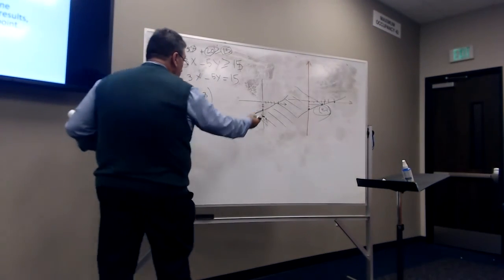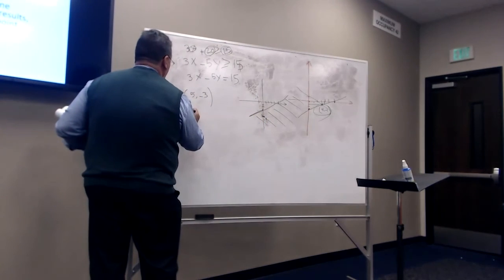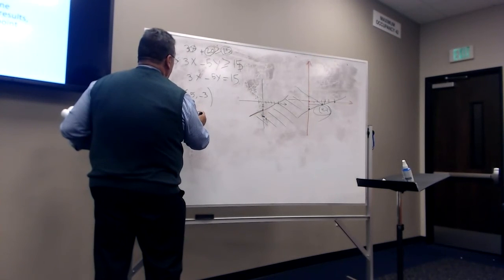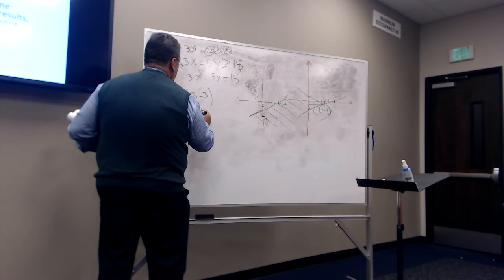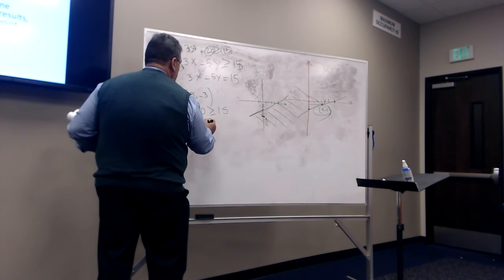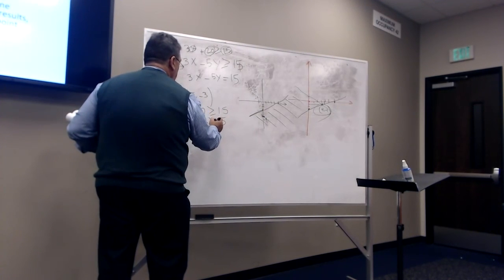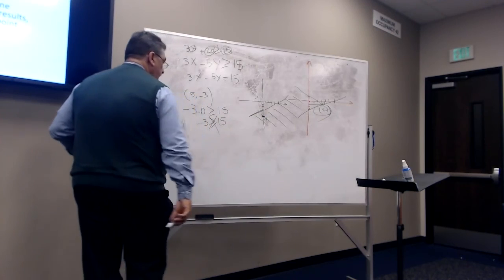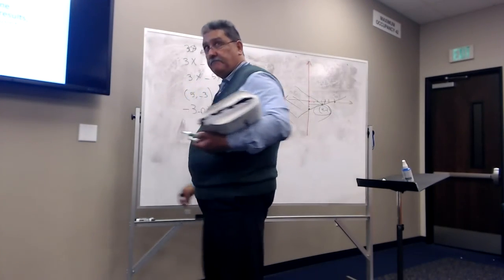If I pick any number on this side, let's say x is minus 1, y is 0, so I get minus 3, greater than or equal to 15. No, this is false because minus 3 is not greater than or equal to 15, because I picked the wrong side.